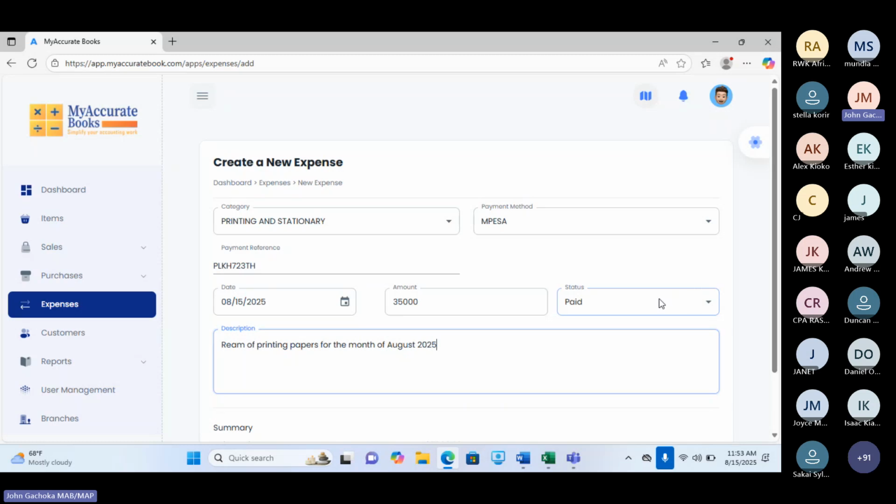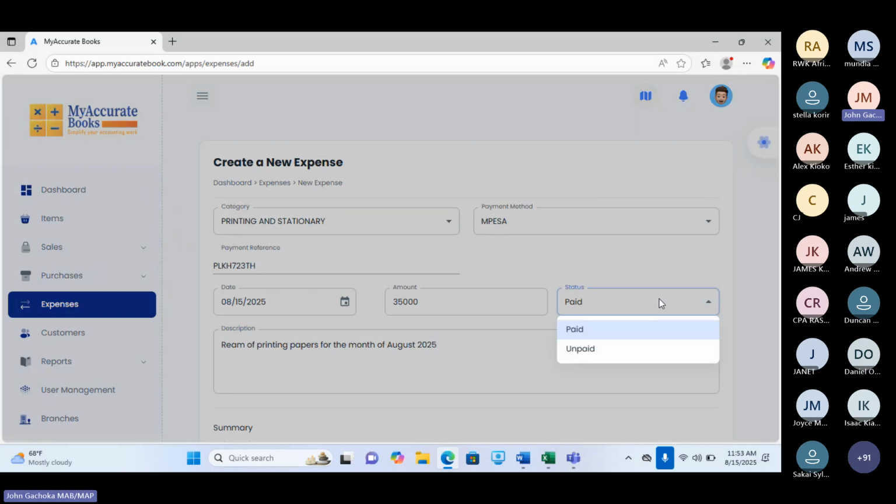And whether the status is paid or unpaid, the system will deduct 35,000, assuming that at some point, the fact that it is updated under whichever status, it will be paid for.